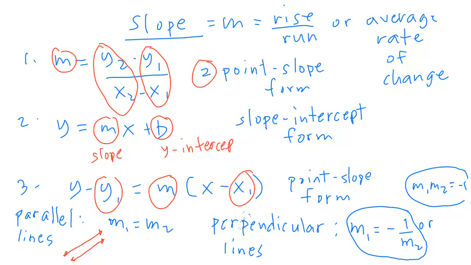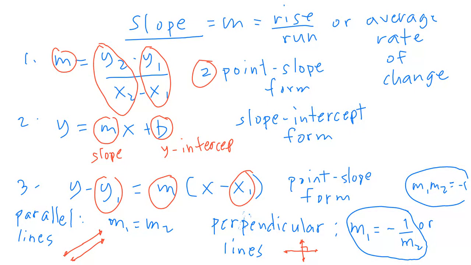For perpendicular lines, it's like the x and the y axis. It's like forming a cross or a plus sign. And the angle would be 90 degrees. So that would be the perpendicular lines.